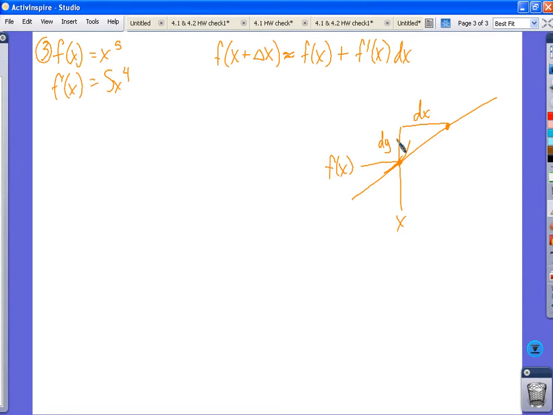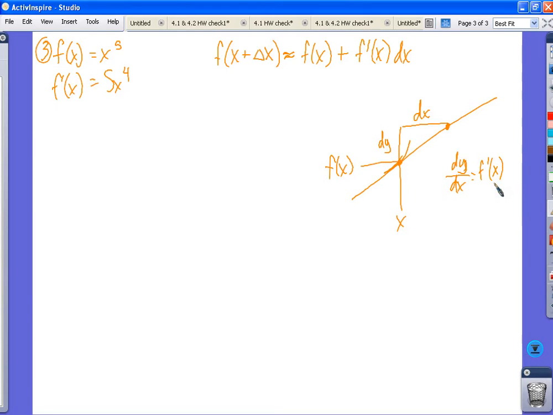So dy can be found if you think about the slope of this line. Think if dx were a full value of 1. Then the change in y would just be, see, the slope is dy over dx. Then dy over dx equals f prime of x.